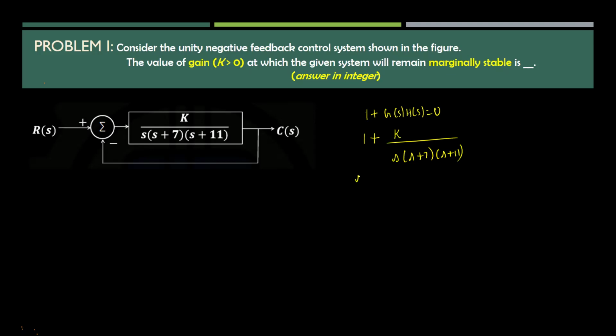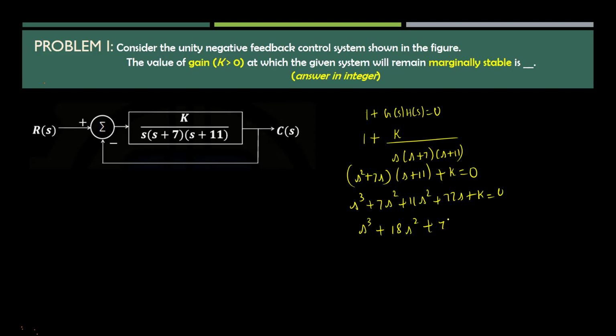This is simplified as s(s+7)(s+11) plus k equal to 0. So we find the polynomial s cube plus 7s square plus 11s square plus 77s plus k equal to 0. So s cube plus 18s square plus 77s plus k equal to 0.